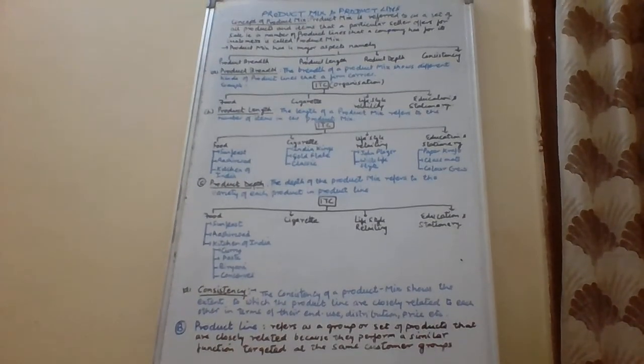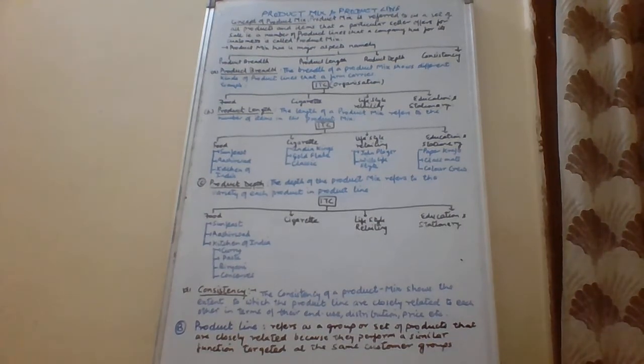For example, in Kitchen of India, it is curry paste, biryani, conserves. And I have not mentioned it, but in Sunfeast, for example, they are into biscuits, for example, Dark Fantasy, Delicious, Yumfills. So they have various other categories under the Sunfeast brand name.